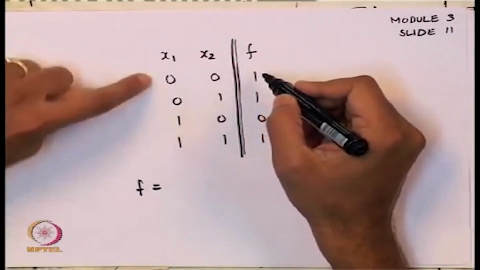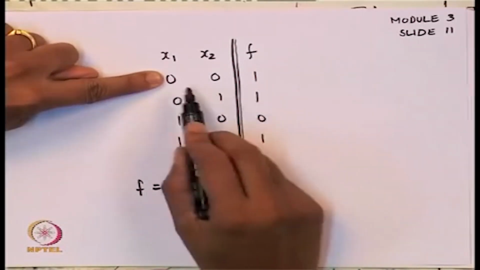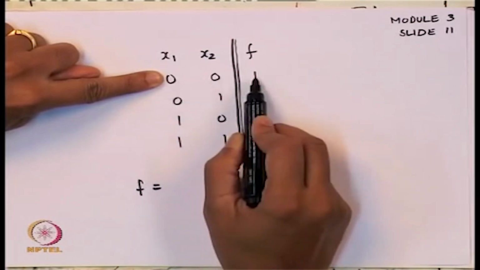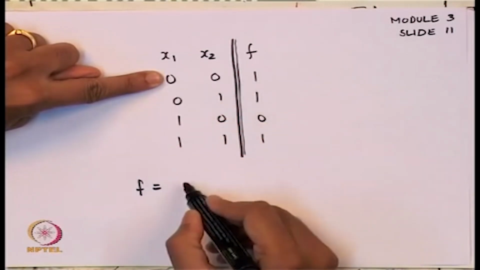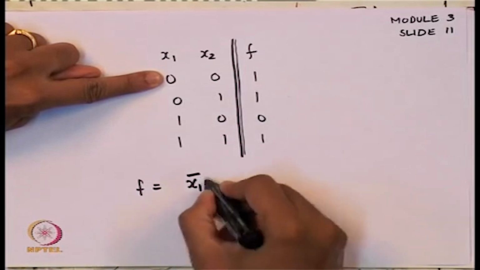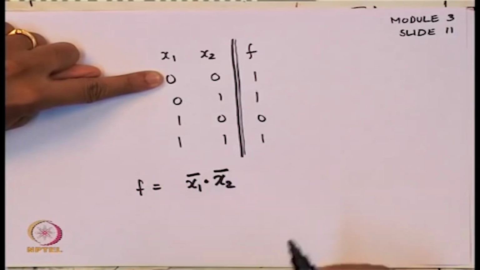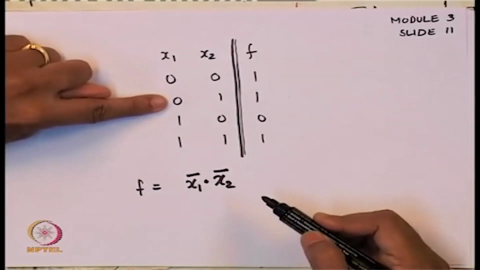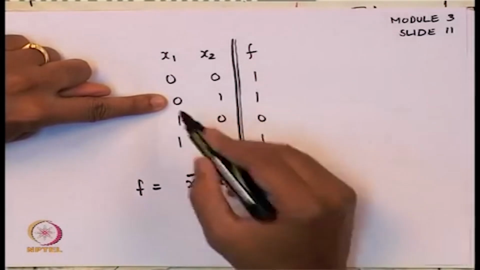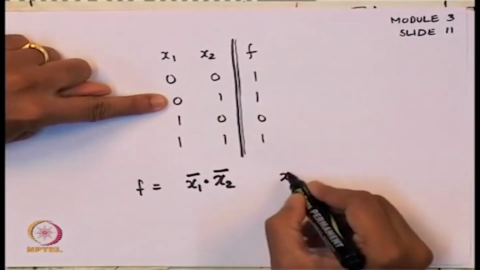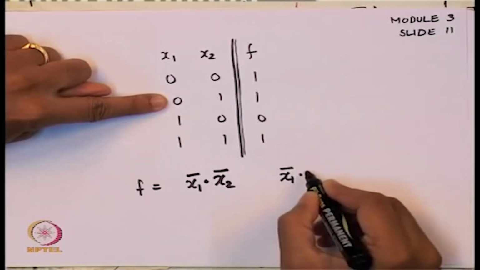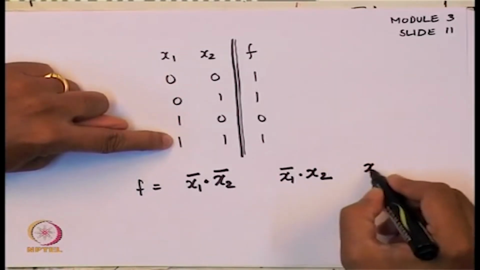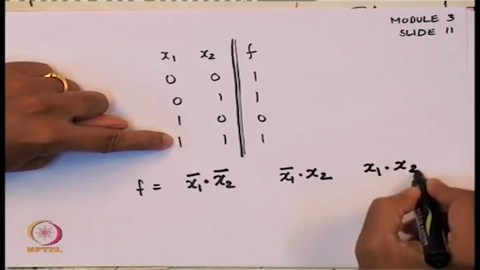So, let us start with the row here. In this row there is a 1, and what is the combination of x1 x2 that gives a 1 there? x1 must be off and x2 must be off, correct. So, that gives you 0 0 here. Then let us get to this row. This gives you the case where x1 must be off and x2 must be on, and finally this row says x1 must be on and x2 must be on.